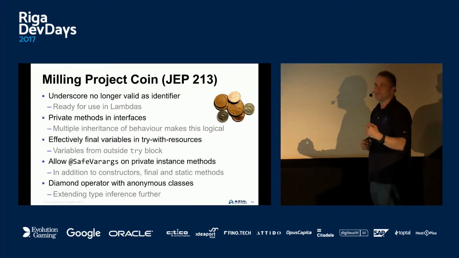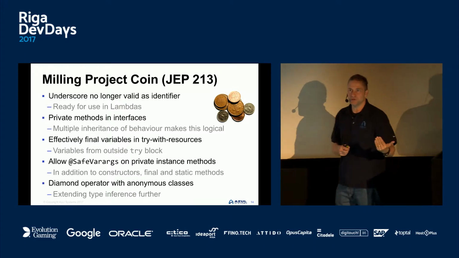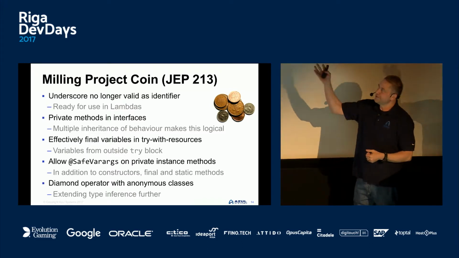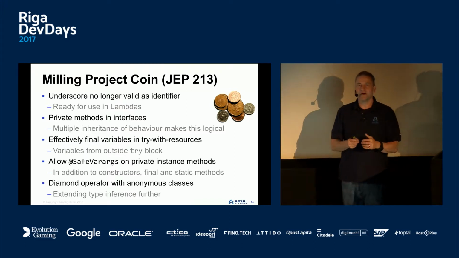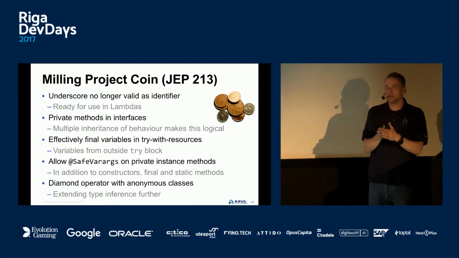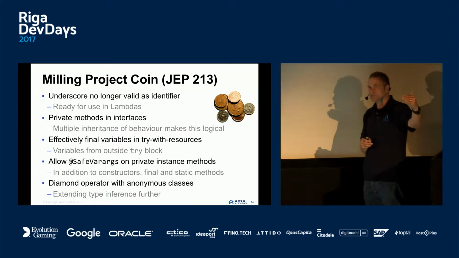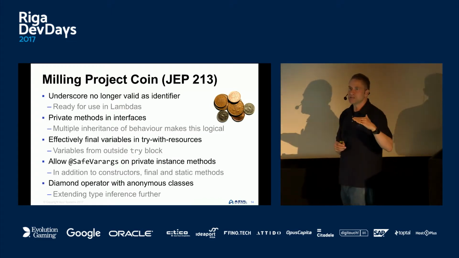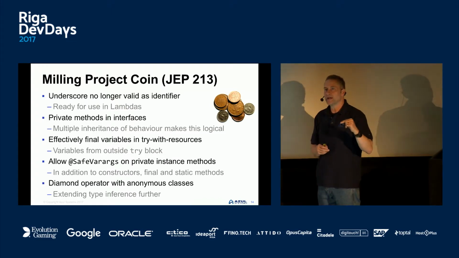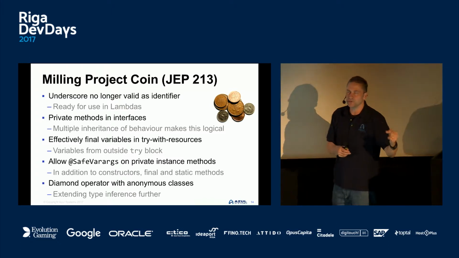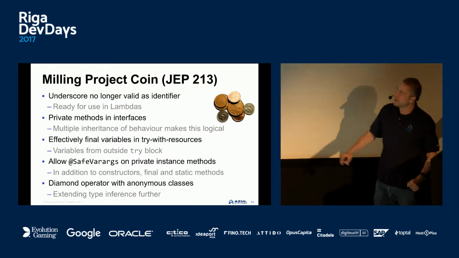But you still have to, up until now, assign it to a new variable name. With the changes in JDK 9, that's been altered slightly. So if you have a final or effectively final variable that's declared outside of the try block, you can use it in the try block without having to actually assign it to a new variable instance.